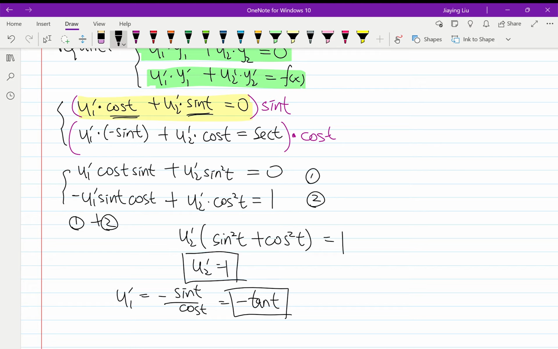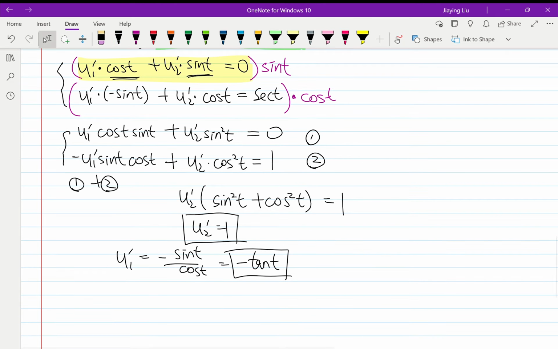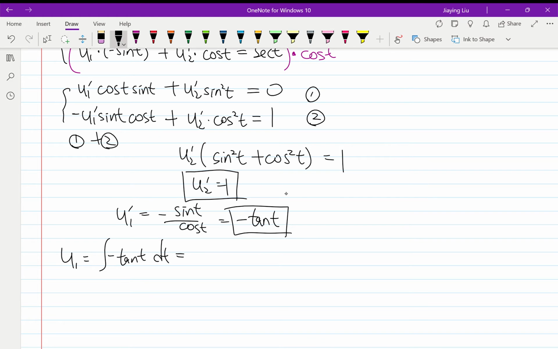And we have to integrate to figure out u1. So u1 equals the integral of negative tangent t dt. You might have it memorized, which is useful here if you do have that integral memorized. If you haven't, you can always write this as negative sine t over cosine t dt, and then use u substitution.